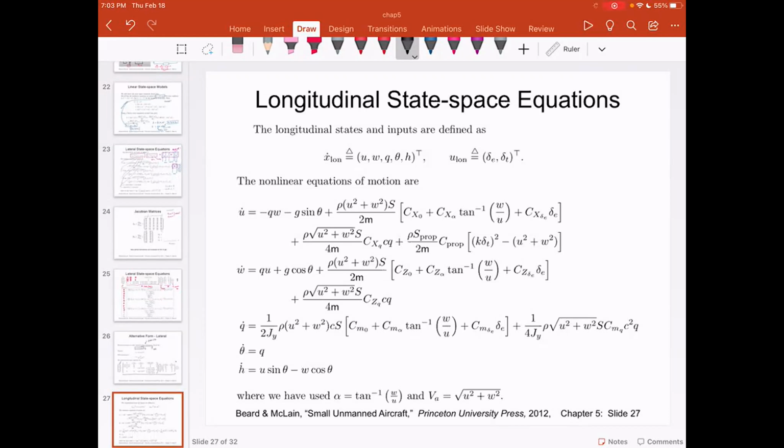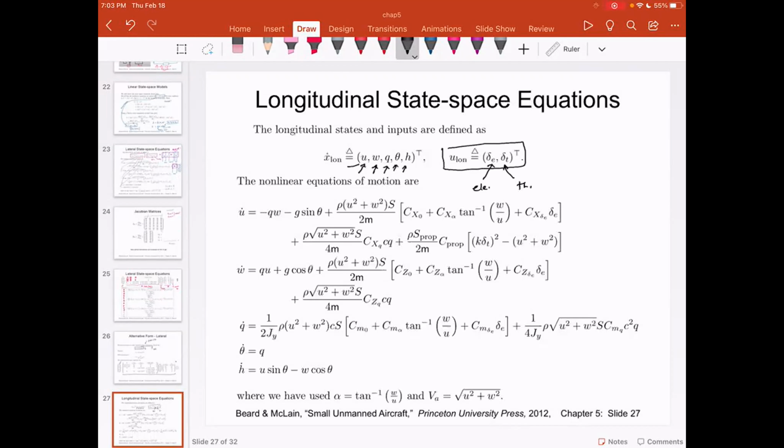Again, in the longitudinal dynamics, our equations comprise of these u, w, q, theta, and h, which is the altitude. And the longitudinal dynamics control variables are the elevator deflection and the throttle change. So you have the elevator and the throttle.